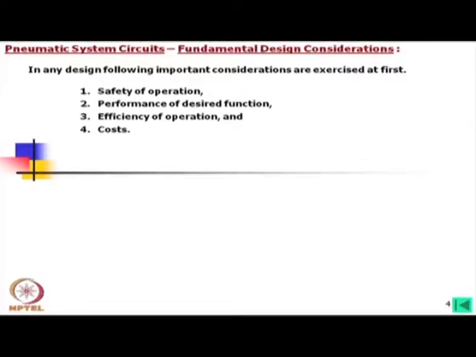Now, performance of the desired function is very important. Whatever function we need, even if it does not require much precision, we still need to design in such a way that we can achieve the best performance out of it. Efficiency of operation sometimes can be compensated, meaning we may not make the system very efficient.